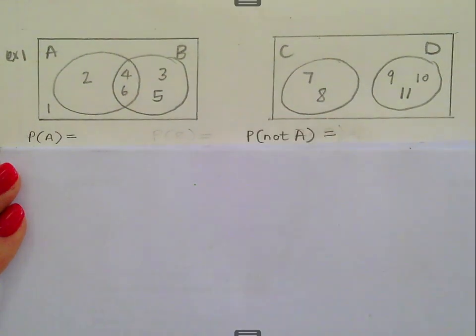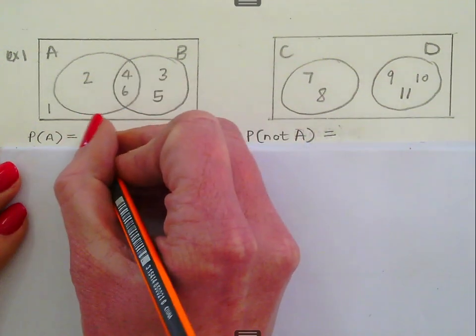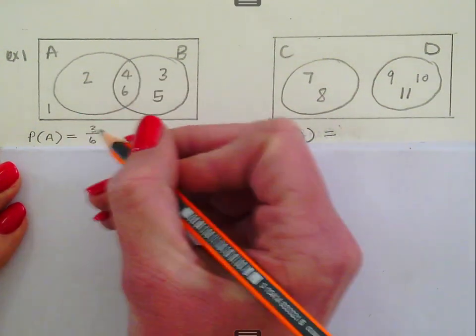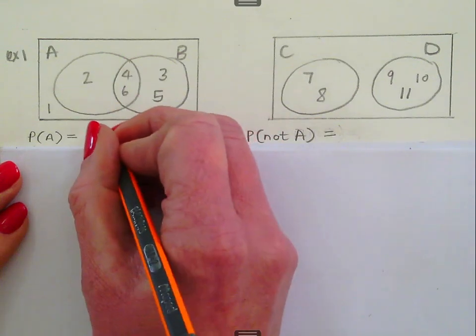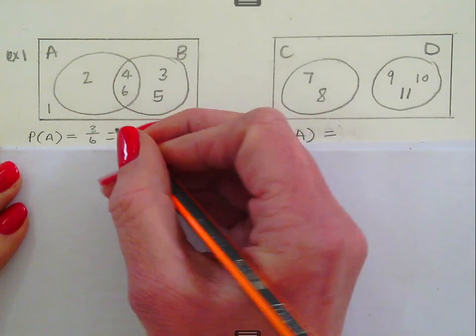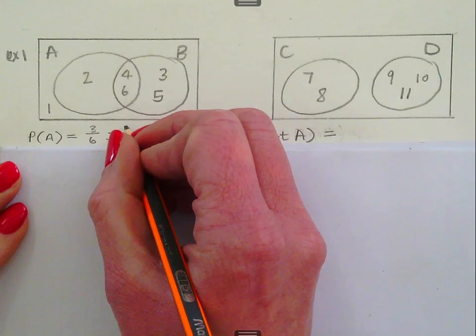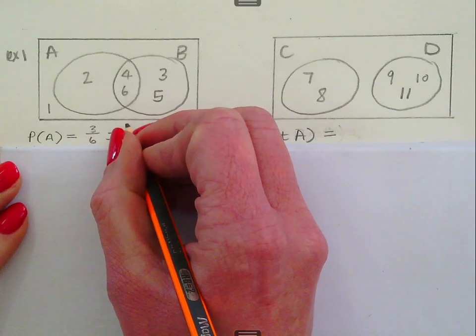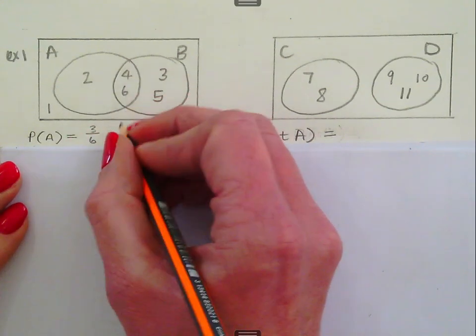Three over 6. There are 6 learners in this class. 3 over 6. This can be simplified to what, Lesedi? 1 over 3.